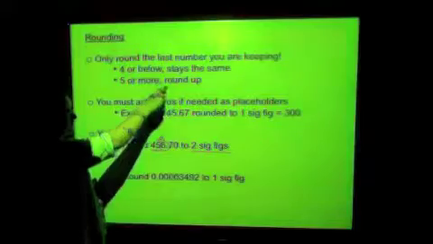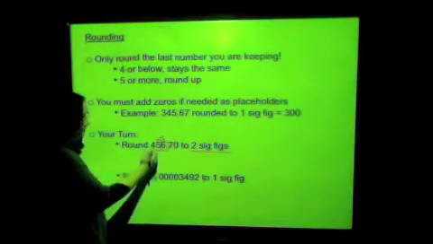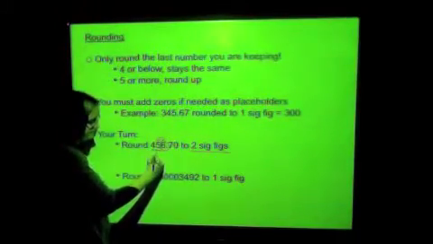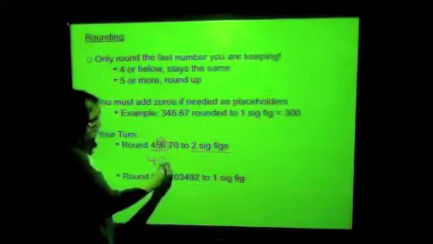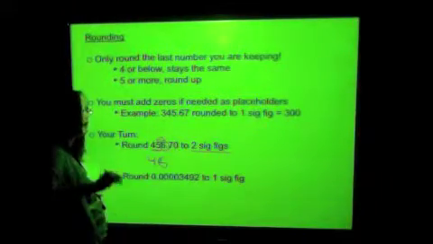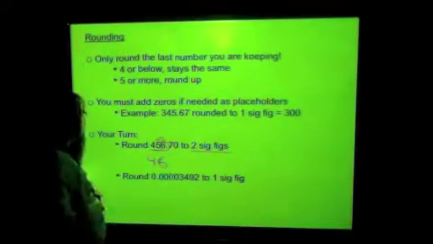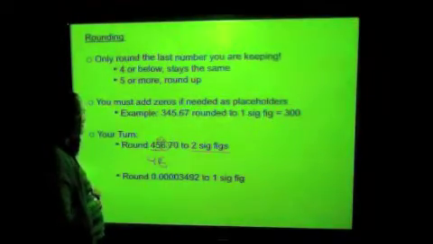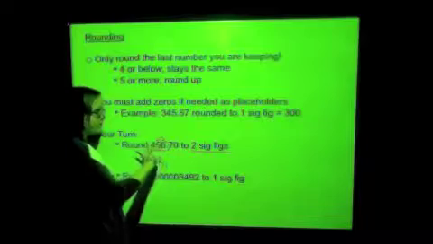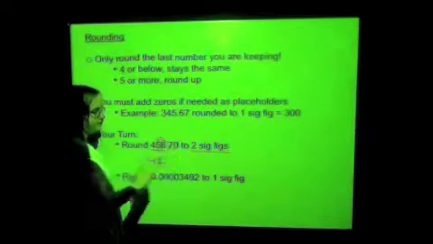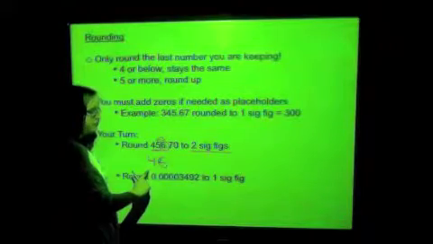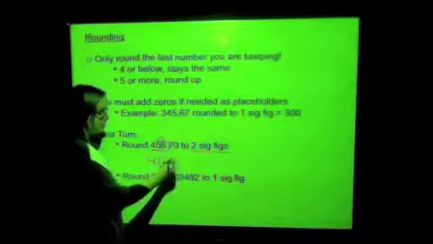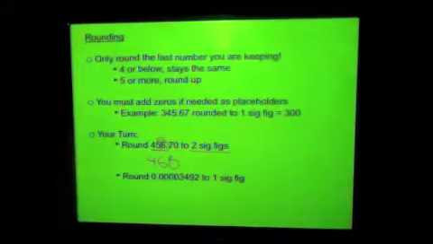Yes, because 5 or more you round up. So the 4 stays the same, and the 6 is going to round the 5 up to a 6. Most common wrong answer is 46. Your original number is 456.70. That means this 4 has to stay in the hundreds. So to keep it there, we have to add one placeholder. So your answer is 460.